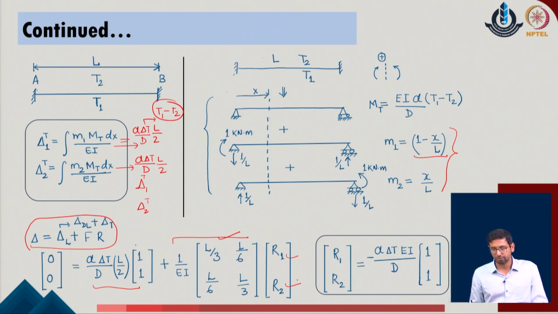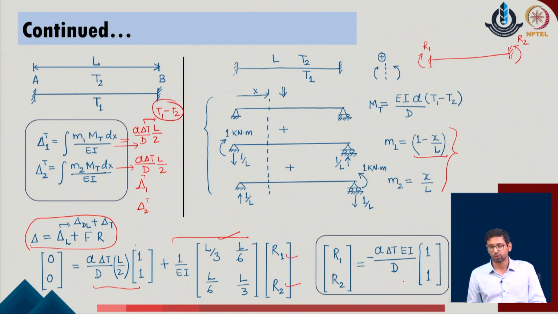R2, and we get the values of R1 and R2 in this manner, which means that R1 comes out with a negative value and R2 also comes out with a negative value, which means the initial directions which we considered for the reactions or the redundants in the given problem, which were described in this manner, the redundant values are opposite to that, and the value of the redundant forces are equal to this value.